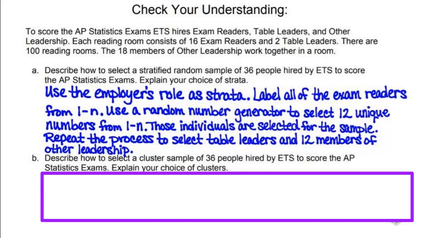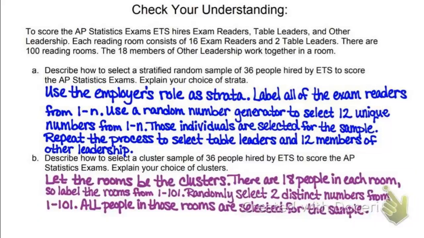Yeah, how many rooms would I need to select? 2, because I need 36 people total. How would we pick out those rooms? Number the rooms 1 through 101. Yep, and then use a random number generator to select 2 of those numbers.